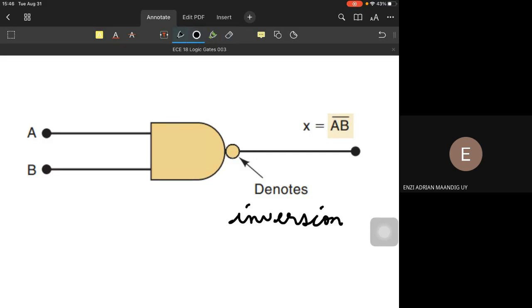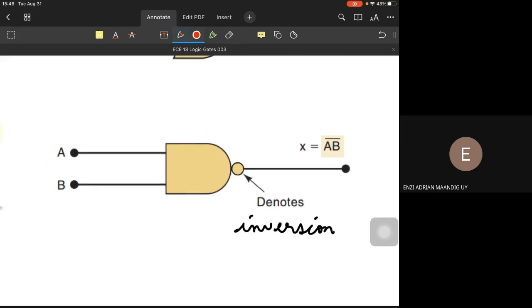If A is 1 and B is 1, the output of the AND gate is supposed to be 1. But because of the bubble, we invert it, and the inverse of 1 is equal to 0. So the bottom line is that all outputs of the AND gate are inverted.